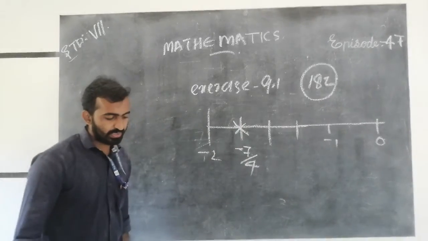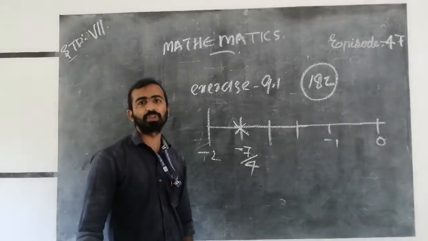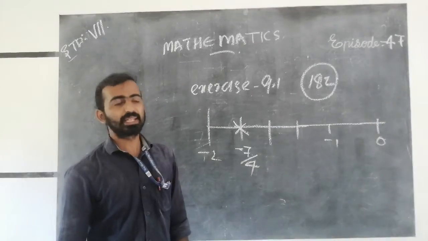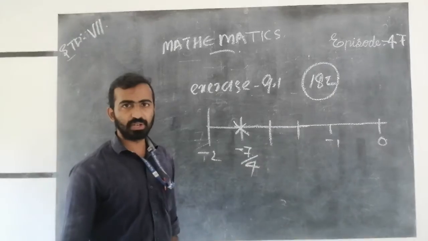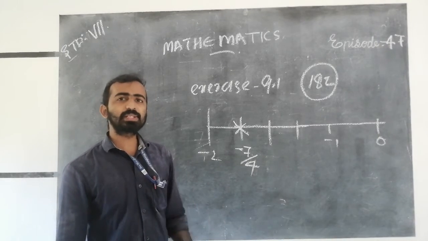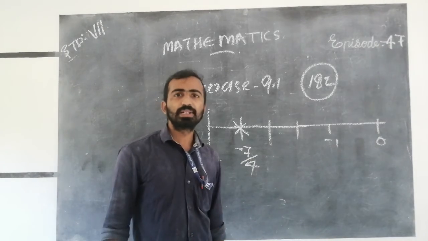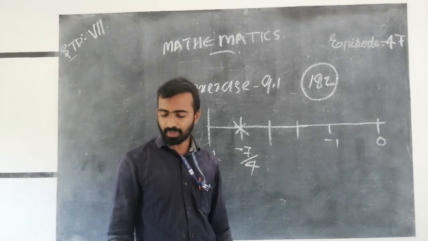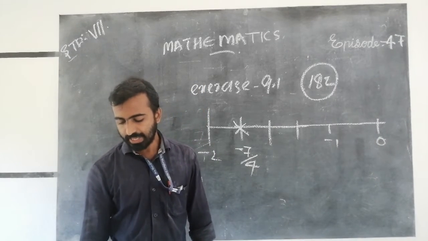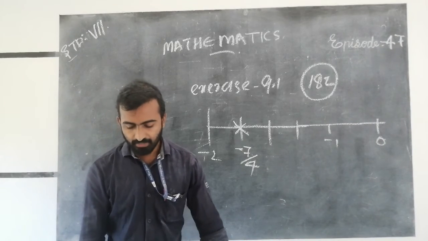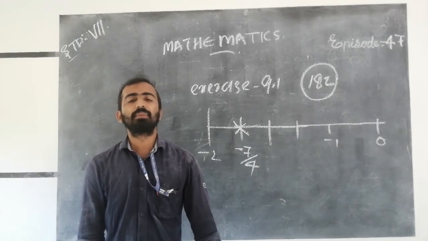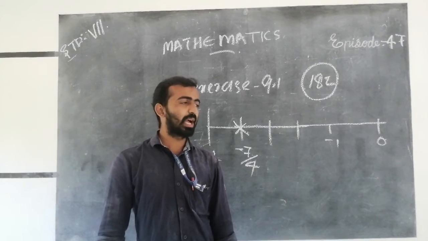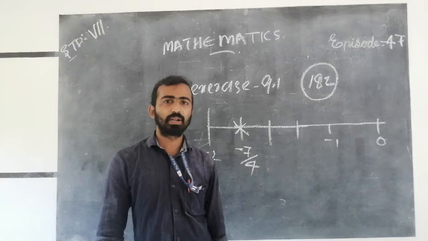Here negative 7 by 4 is an improper fraction. In the previous questions, all were proper fractions, where the numerator is small and the denominator is big. Here the numerator is big and the denominator is small.